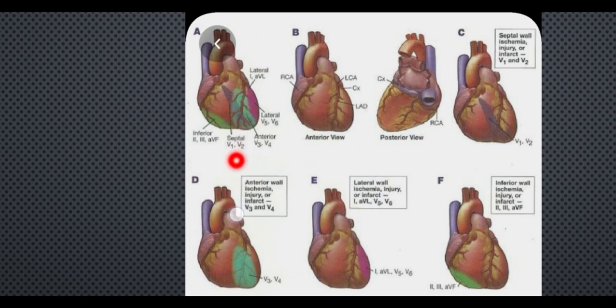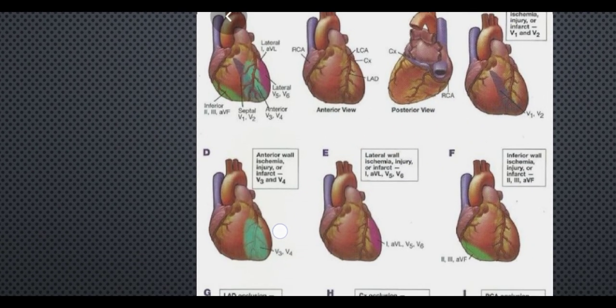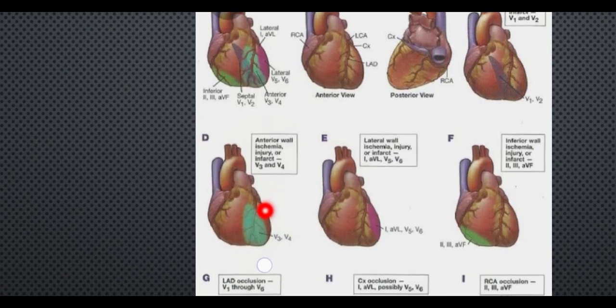The changes are seen in ECG leads V1, V2, V3, V4. If the anterior wall has undergone ischemia, then the waves are manifest in V3, V4. If the lateral wall is injured, then the waves appear in lead 1, AVL, V5, V6.